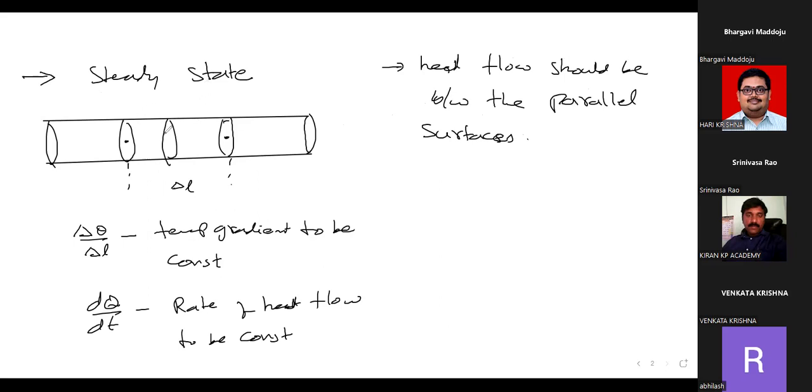Only in case of steady state is this formula applicable. There should not be any heat flow through the lateral surface. Heat should not flow in this direction, otherwise this formula is not applicable. The heat flow should be only along this direction, from this surface to this surface. Only in this case is the formula we discussed applicable.